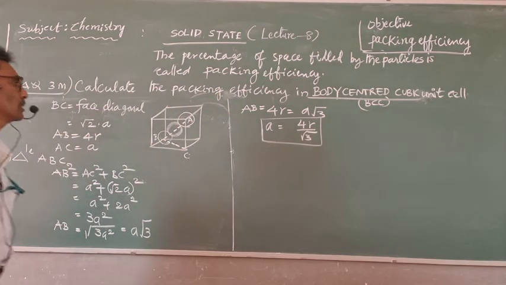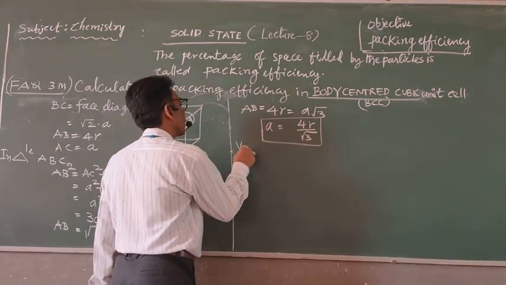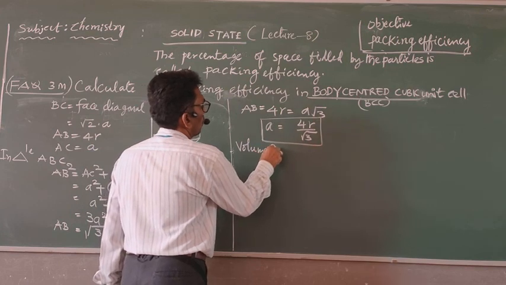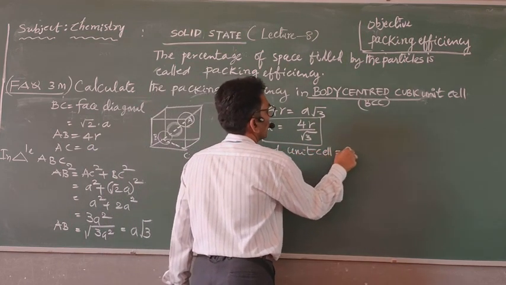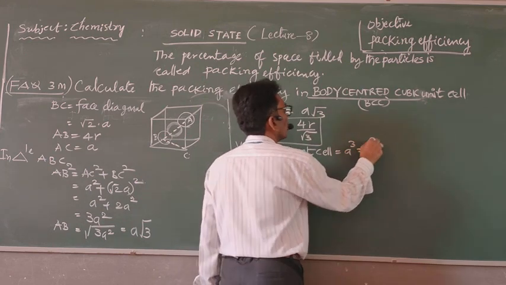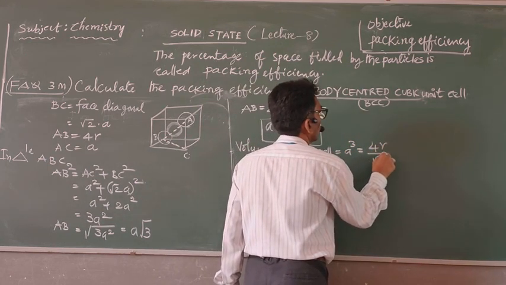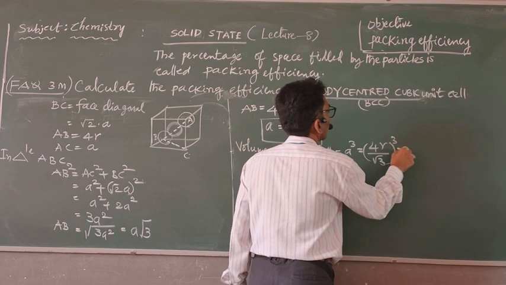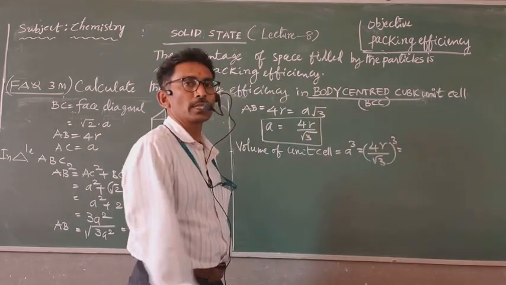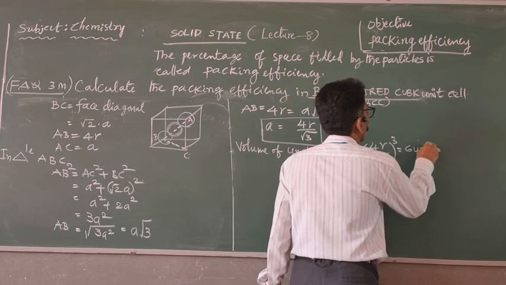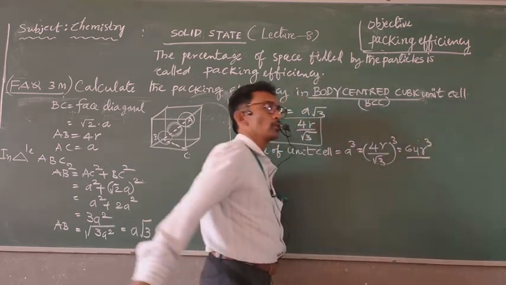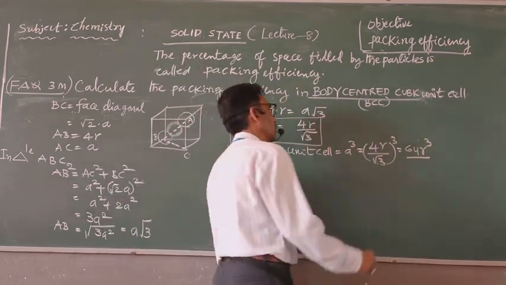Okay, next, as usual, volume of unit cell is equal to a cube, that is equal to 4r by root 3 whole cube, which becomes 4 into 4 into 4, 16 4s are 64 r cube divided by root 3 into root 3 into root 3, 3 root 3.